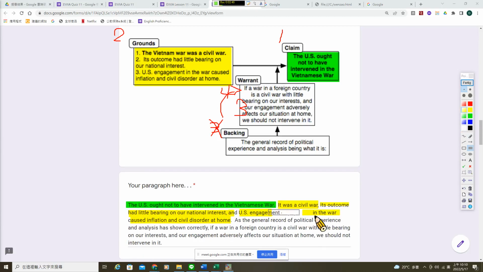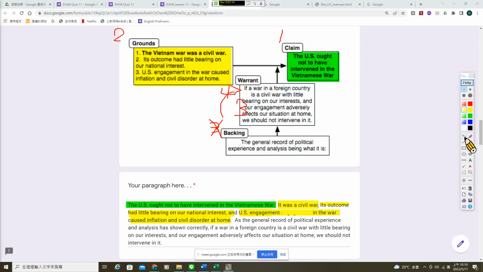Did you see this? This reflects the 3 different grounds, right? So 1, 2, 3. I combine this into one sentence. It was a civil war, this is a clause, and its outcome had little bearing on our national interests, another clause, and the U.S. engagement in the war caused inflation and civil disorder at home.